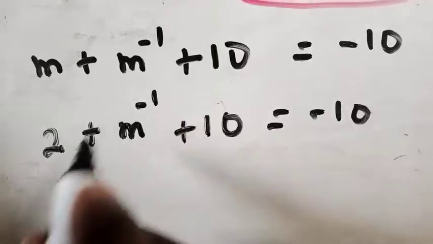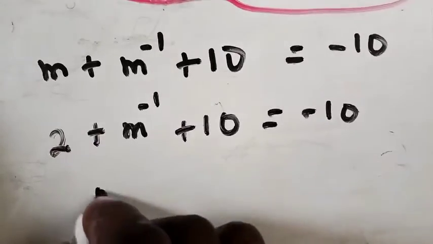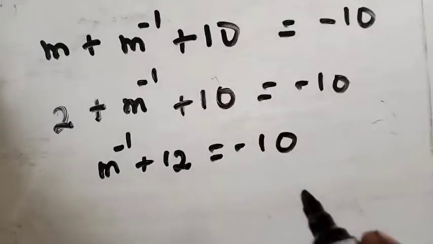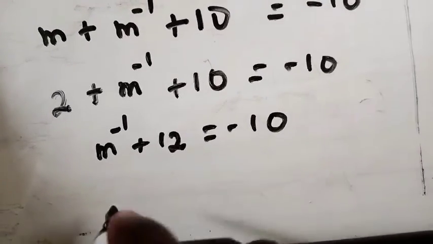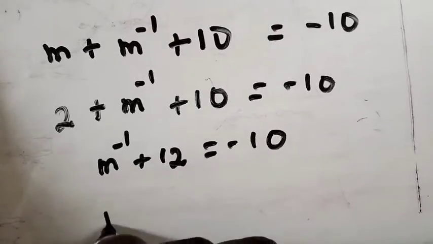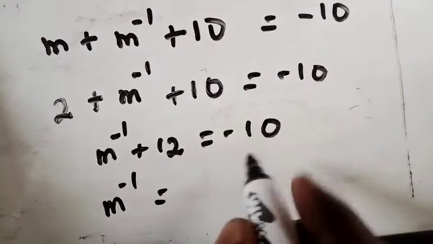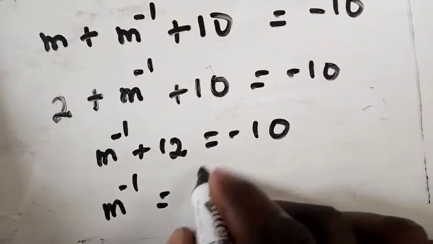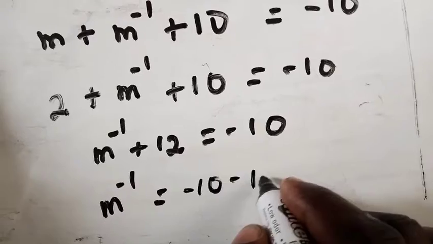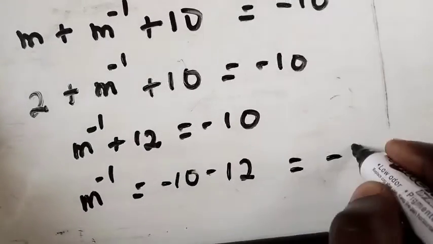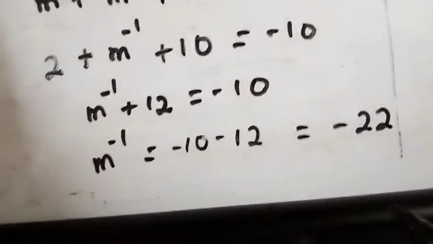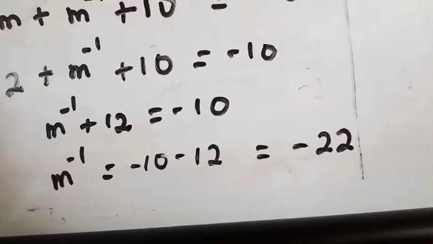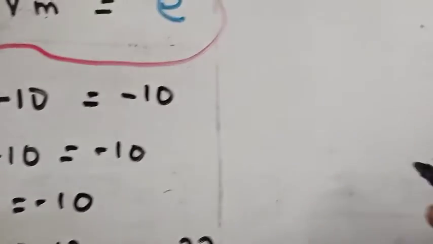We are looking for M inverse. So you subtract 12 from both sides of the equation. That should be -10 minus 12, so that should be equal to -22. Is that okay? So the inverse of 2 here is exactly -22.